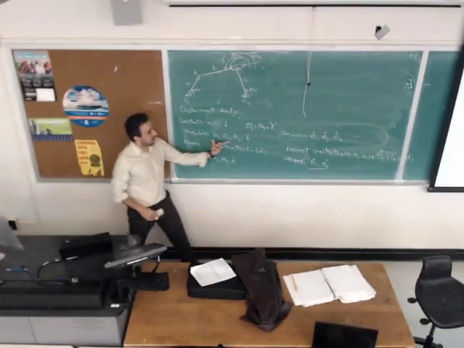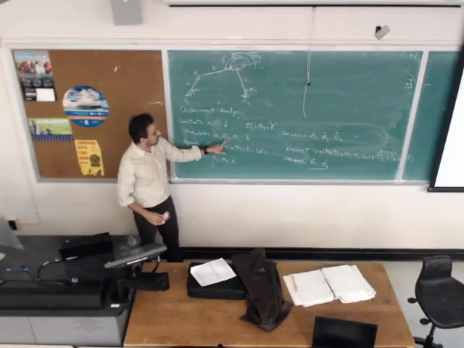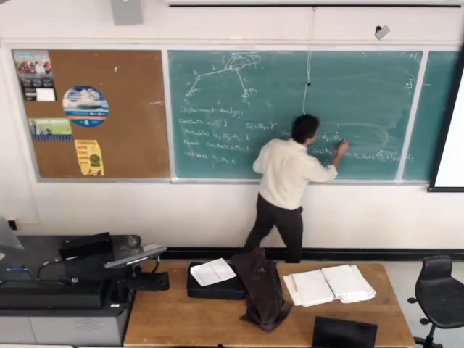Whatever is variable here, just put a dot: theta dot 2, theta dot 3, theta dot 4, and b dot.